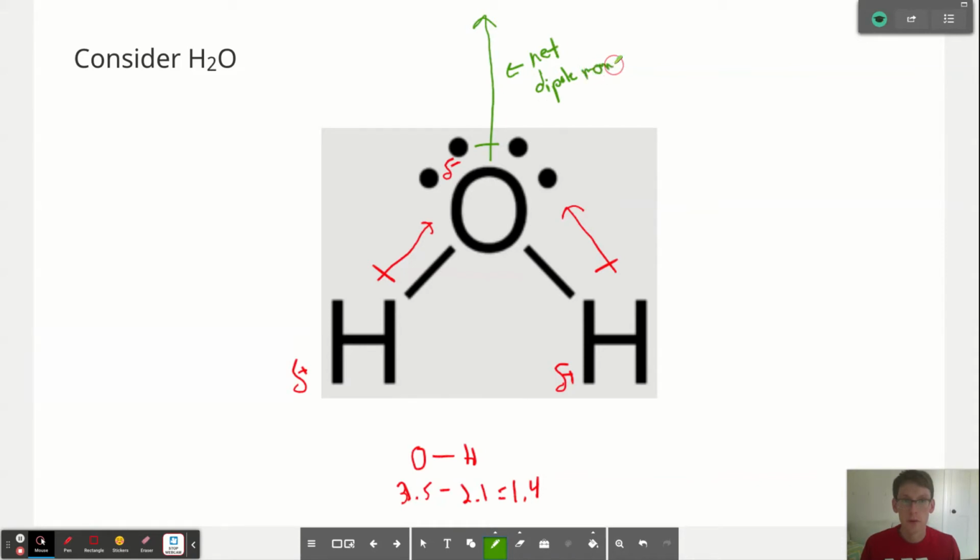And when you take physics, you'll learn about vectors, and in math, you may learn about vectors too, where you're basically adding this vector and getting a resultant when you add these two different dipole moments together. The resultant will include not just the magnitude, but also the direction. And the direction here, I think, is fairly intuitive. The right and the left give you an overall net dipole moment going in this direction.